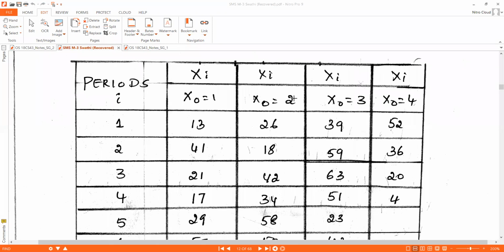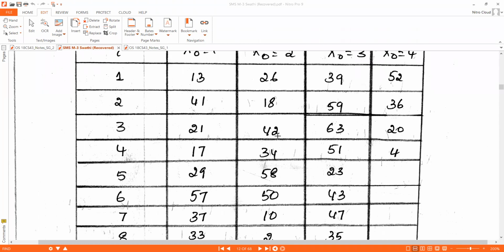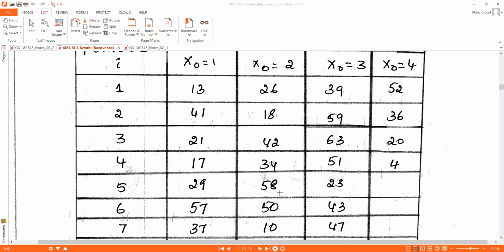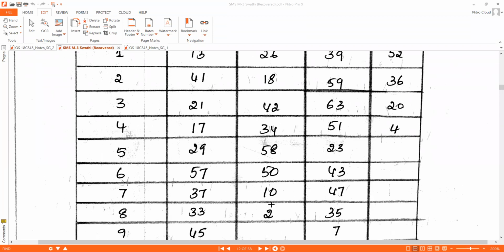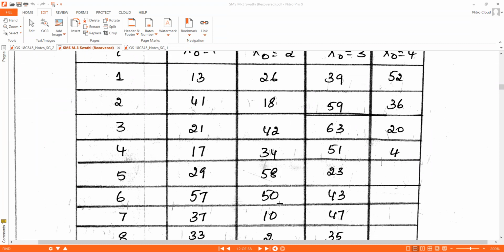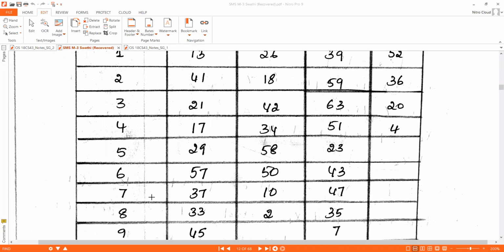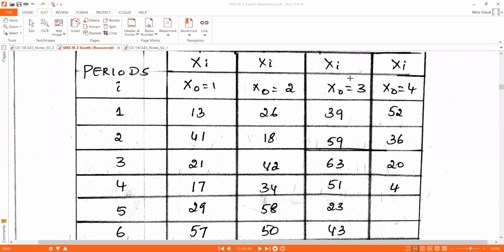For the second case, x0 equal to 2, what is the xi value? That we will write in this column. They have given in the question, if it is x0 equal to 2, we need to find the xi values for a period of 8. When i equal to 0 to 7, we need to calculate the xi values.